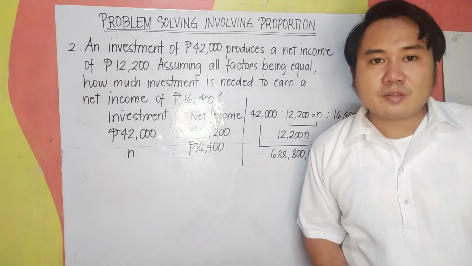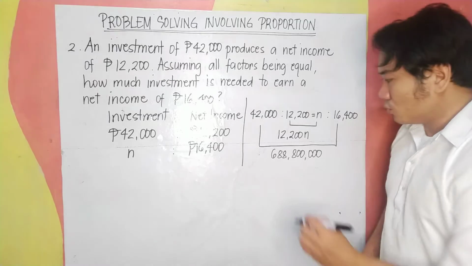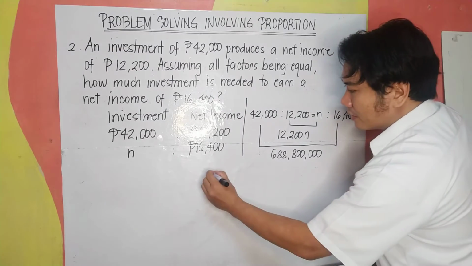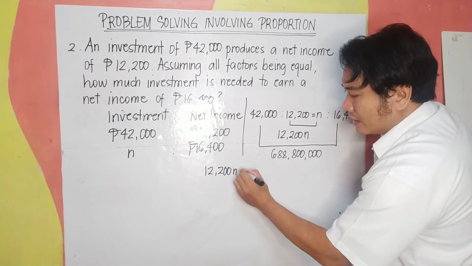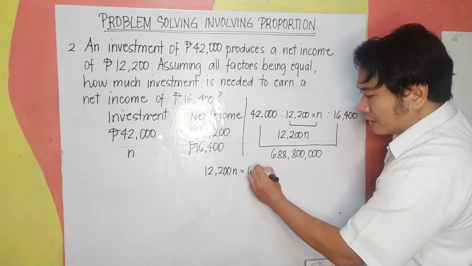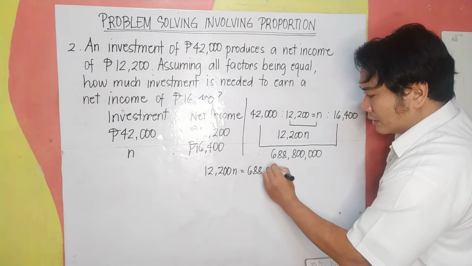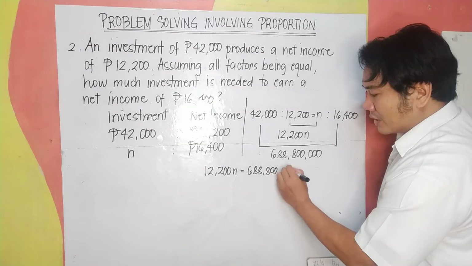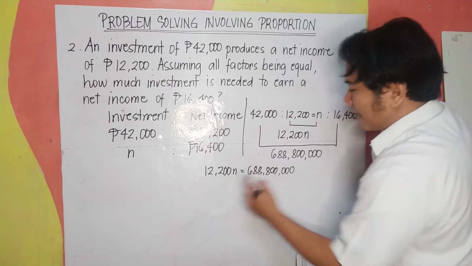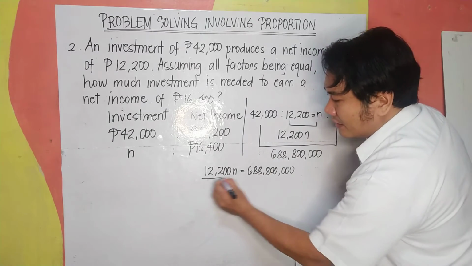And then we're going to solve for N by equating the two. 12,200 N equals 688,800,000.